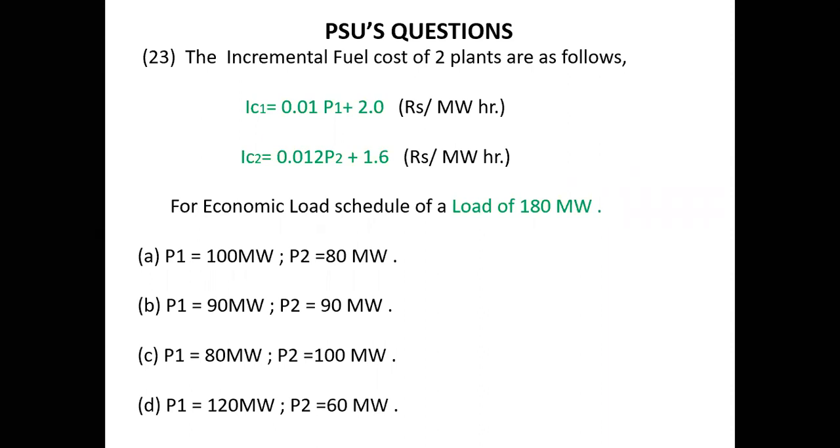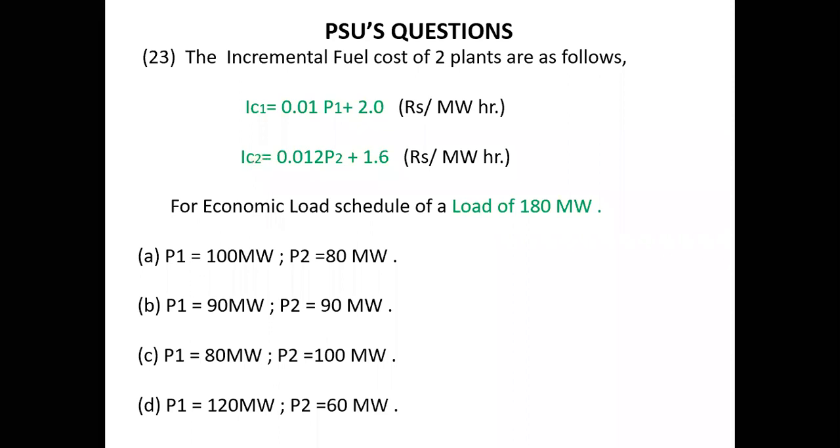Directly by seeing this example, you can see the answer. This is a 1 mark bait for the GATE examination. Someone says C is the answer. Then the remaining people, just try to observe IC1 and IC2, then tell me the answer.